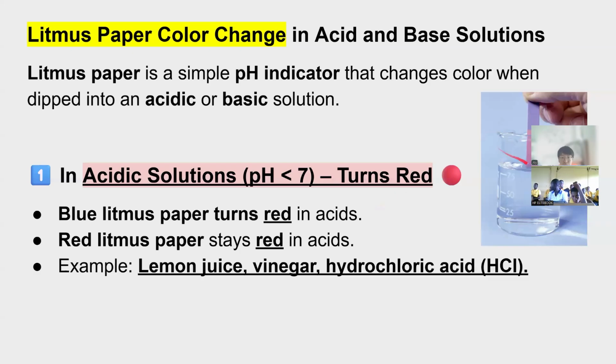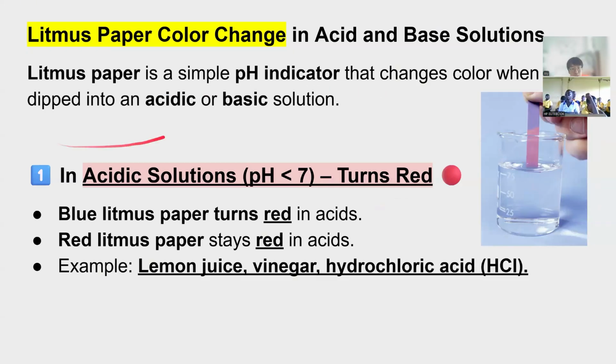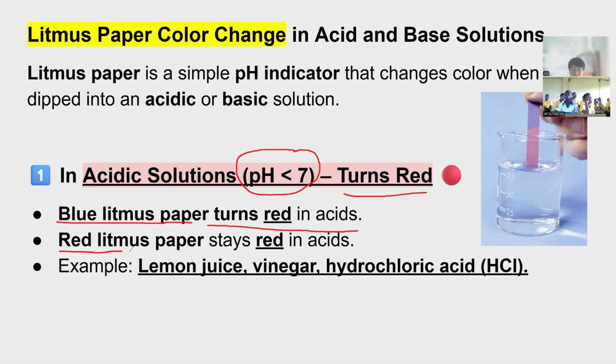Here is a summary. Litmus paper is a simple pH indicator that changes color. An acidic solution, which has a pH less than 7, turns the litmus paper red. Blue litmus paper turns red in acids, but red litmus paper stays red in acids.